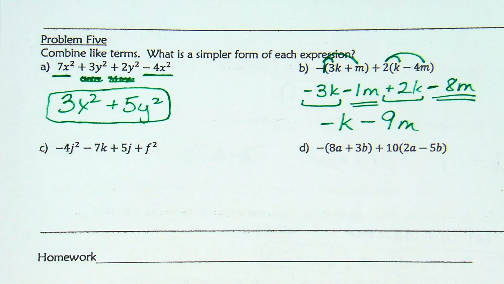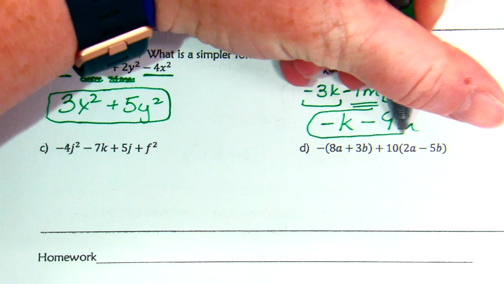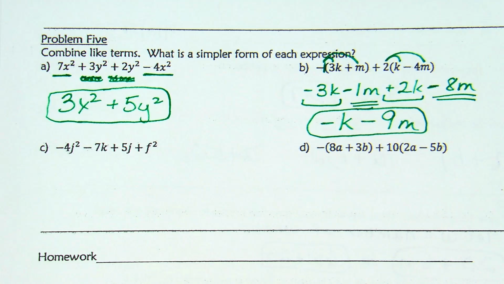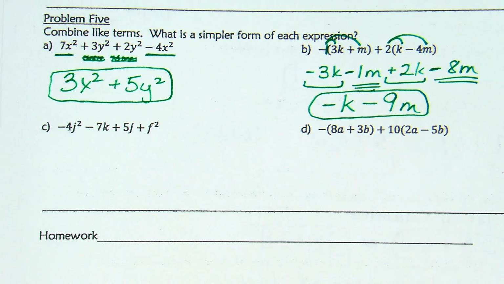What are we combining if we're combining like terms? Do we have like terms of j's? No. We have a j and a j squared. Are those like terms? No.